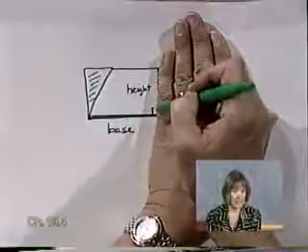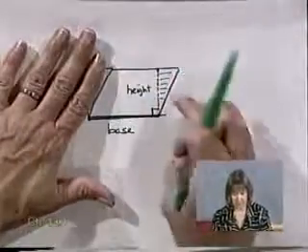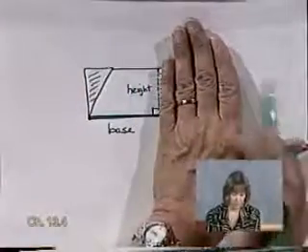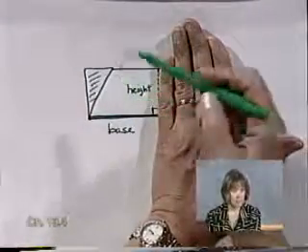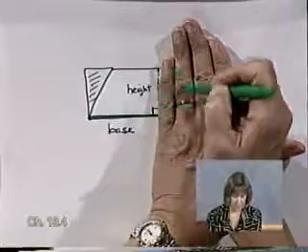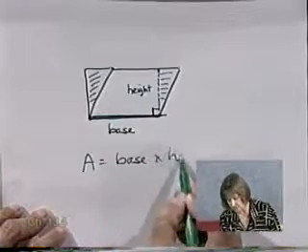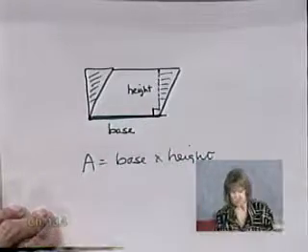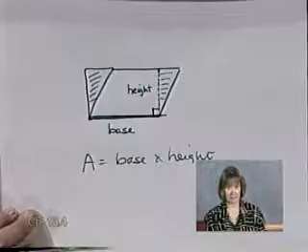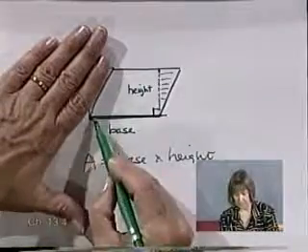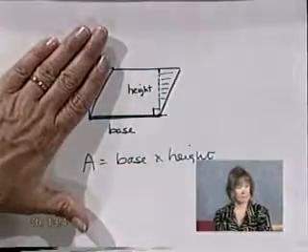I think the area of that's going to be the same as the area of this because we just took that little piece and moved it over there. That's a rectangle, isn't it? And the area of that rectangle is its length times its width, which is the base times the height. So the area of a parallelogram is its base times its height.